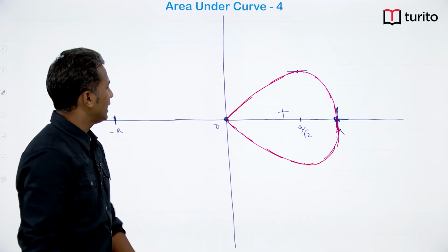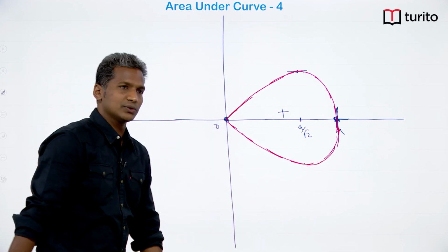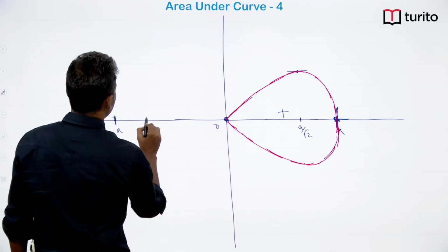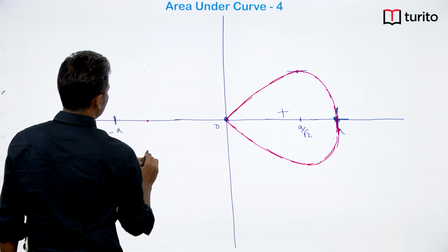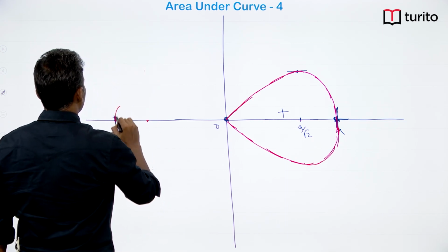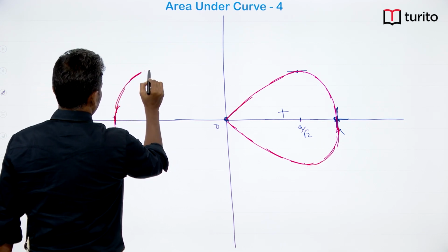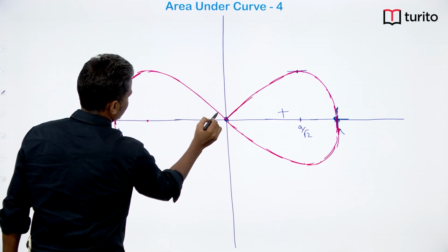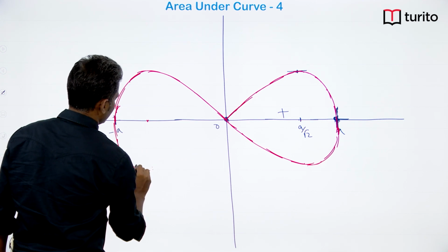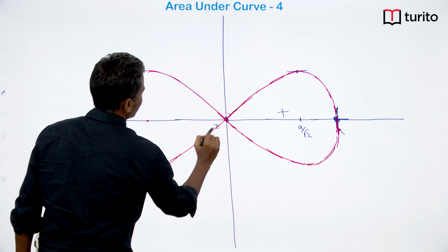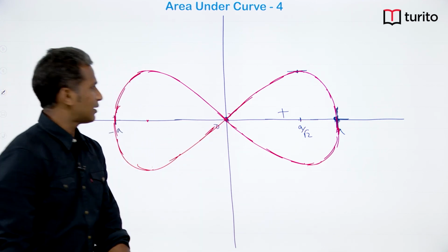And again it is symmetric about the y-axis also. So similarly for the other case also we can get the graph on similar lines. Okay, this is our graph.